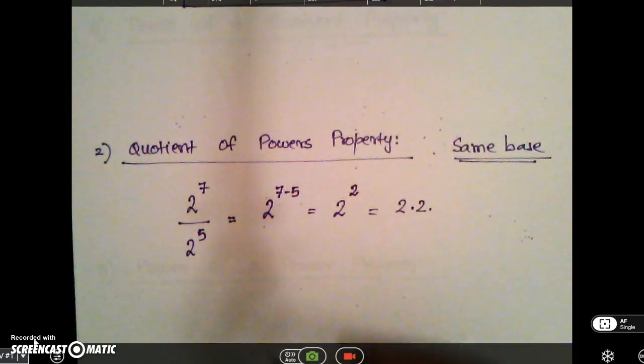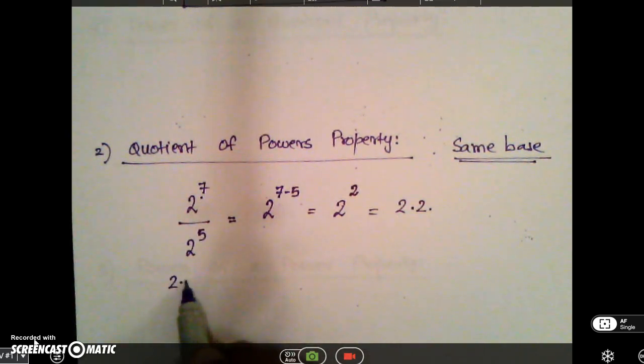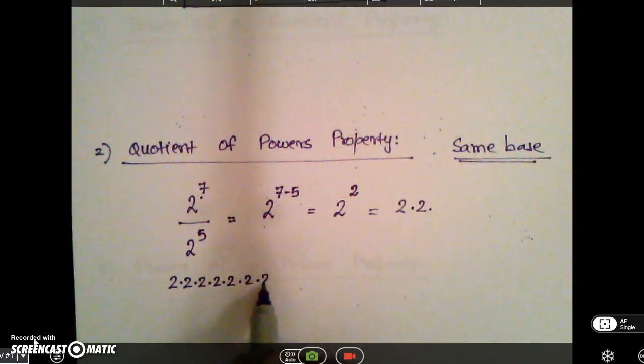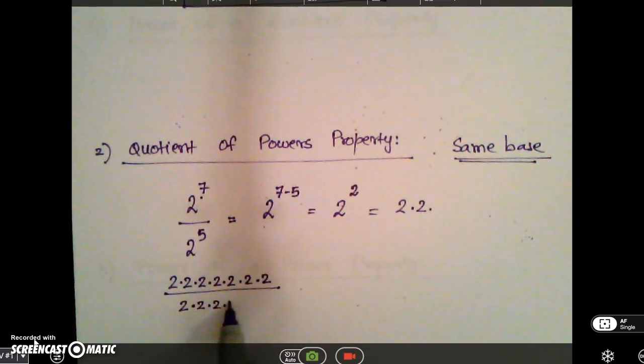So how did that happen? Say 2 to the power of 7, the basic concept of exponent is 2 multiplied by itself 7 times, divided by 2 to the power of 5, which is 2 multiplied by itself 5 times. Since all these 2's are being divided by these 2's, I can go ahead and cross cancel these many 2's.